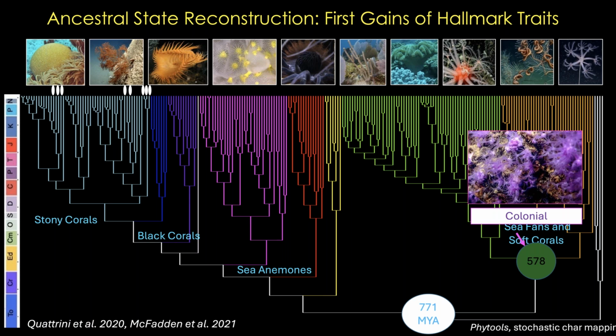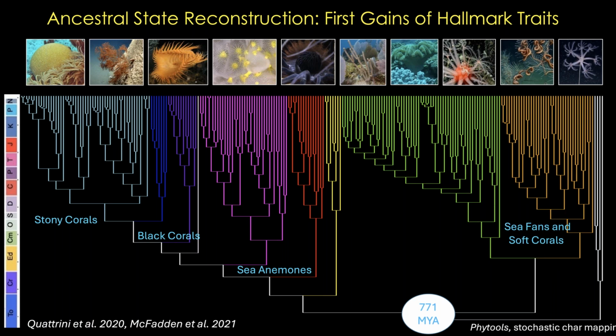And we can really see that although there's multiple losses of coloniality within stony corals near the tips, we do see solitary forms giving rise to colonial forms throughout the scleractinia, and it really highlights that coloniality is a highly labile trait within the scleractinia.